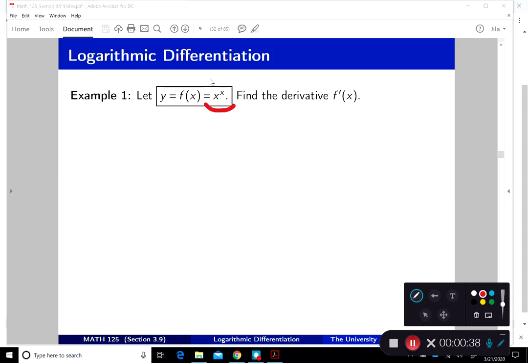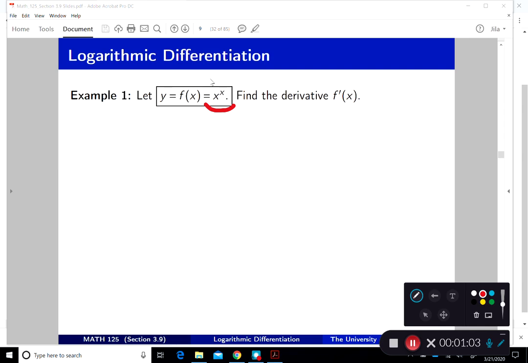Look at this function. It's not a constant to a variable power, or a variable to a constant power. It's a variable to a variable power, and that's when we need logarithmic differentiation.